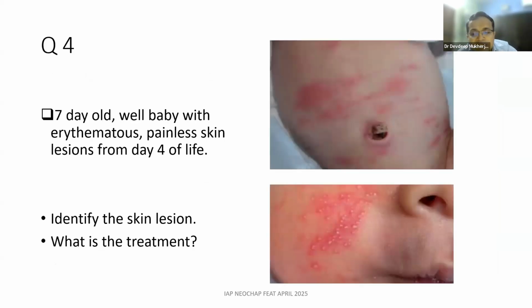Okay. So question 4. Identify the skin lesion. Yeah, so most of you are right. Erythema toxicum and reassurance, no active management. Just wait and watch.